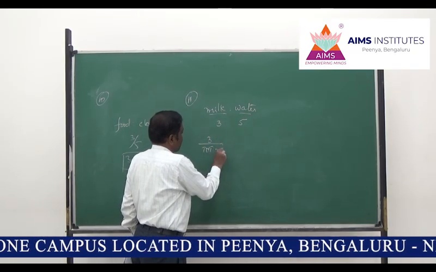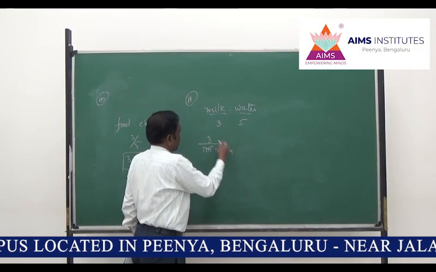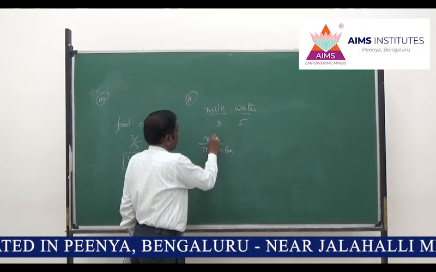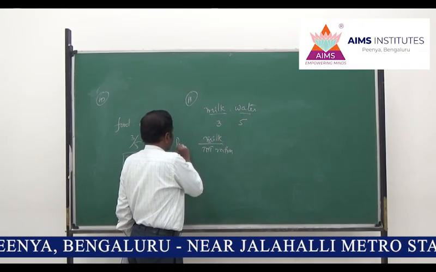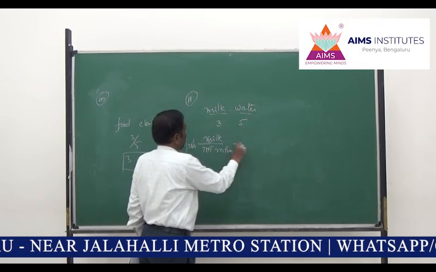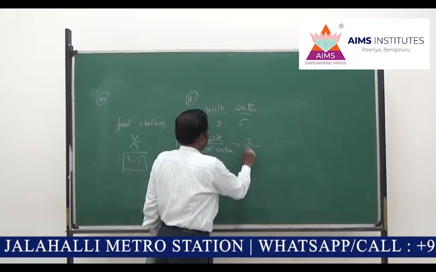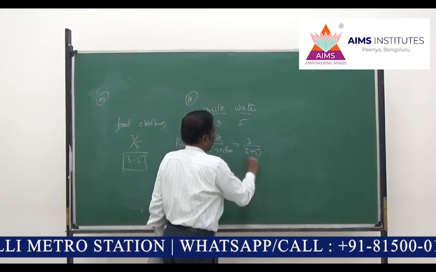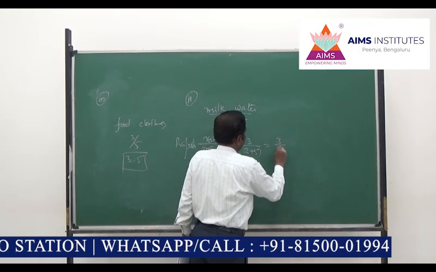Out of total ratios, milk. This is the proportion. Ratio and proportion are different. So what is the milk? 3, total ratio 3:5, it means 3/8.